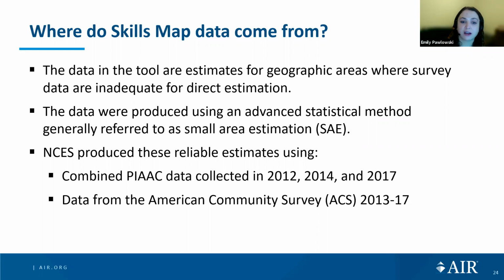These estimates were produced using all of the PIAAC data that the US has collected in 2012, 2014, and 2017, along with data from the American Community Survey, or ACS, from 2013 to 2017.